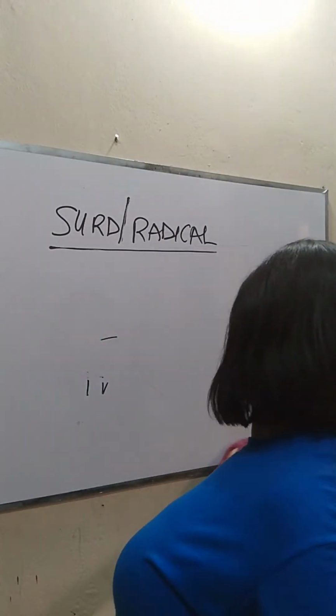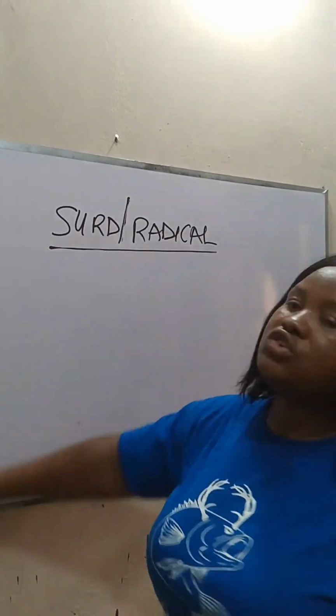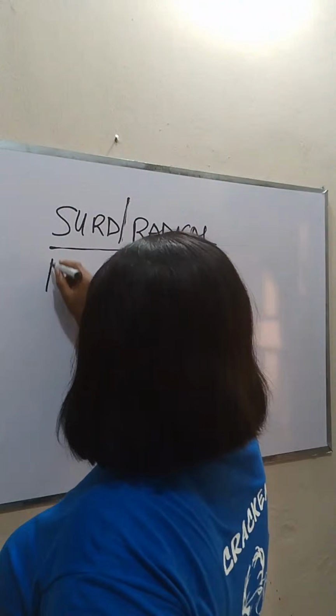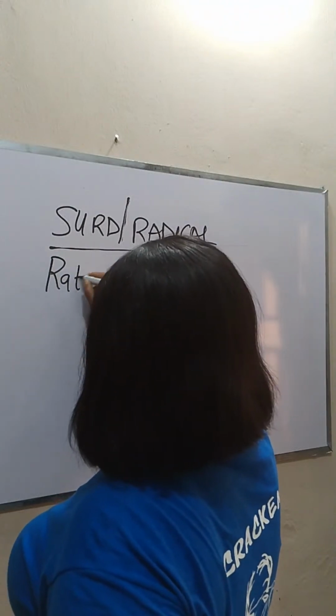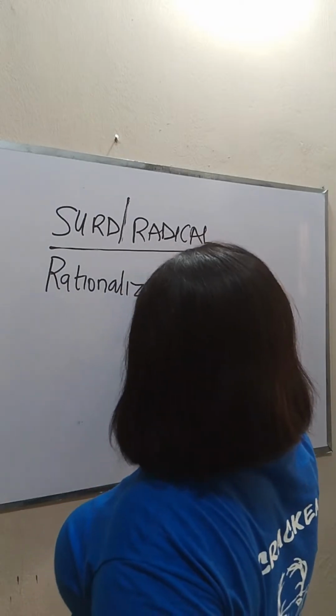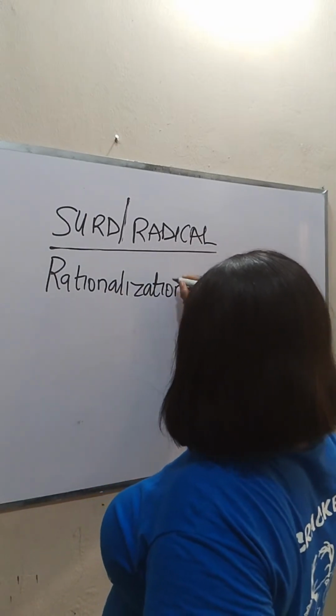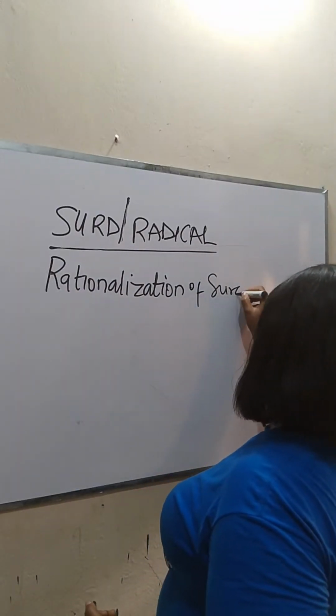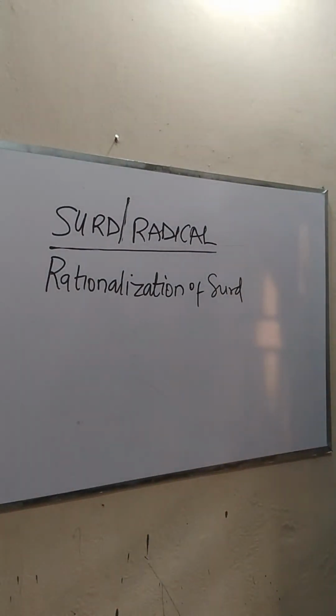That is where our conjugate comes in. Rationalization of surd or radical, the same thing. Whether it's called surd or radical, it simply means the same thing.